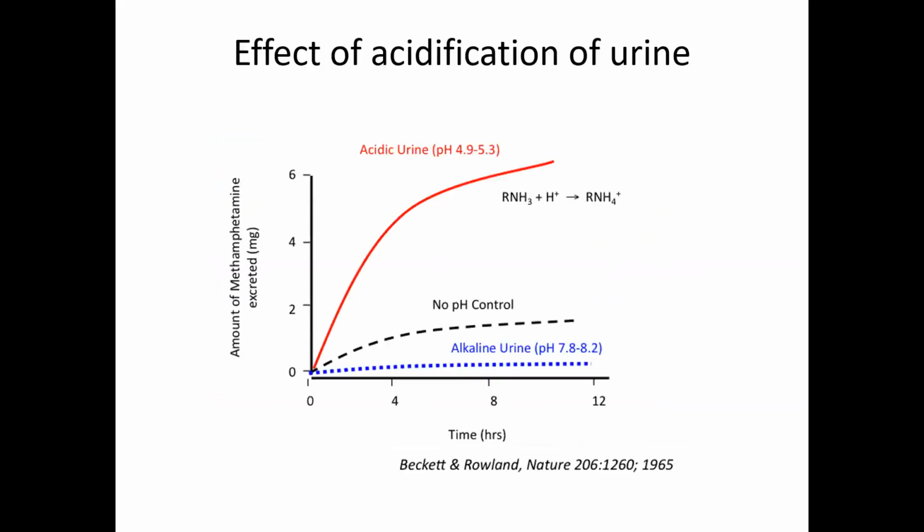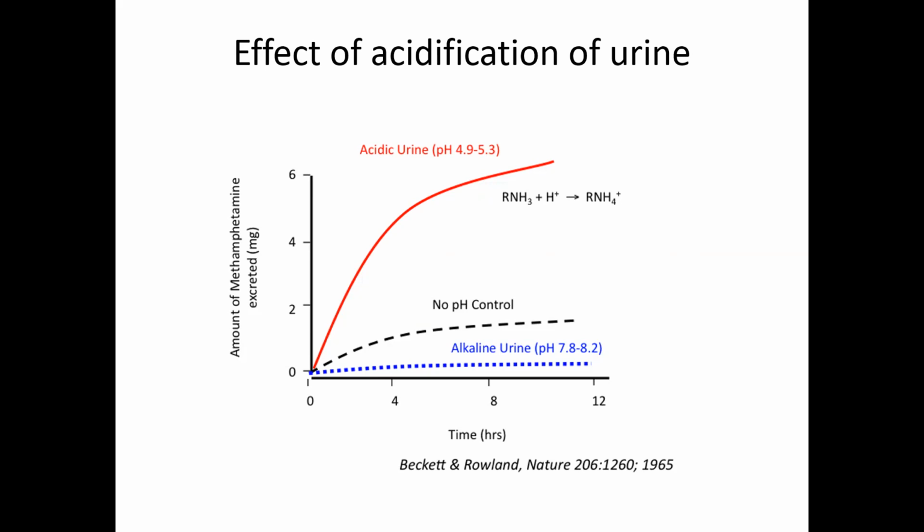On the other side, this one, amphetamine, a prototype poisoning. Amphetamine is a basic drug; make the urine acidic. As soon as you make the urine more acidic, the jump in excretion of methamphetamine, a basic drug, clearly shows you that changing the pH of the urine has a drastic effect on the excretion of certain drugs and their metabolites.